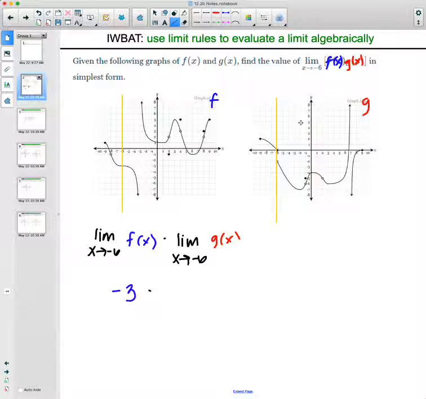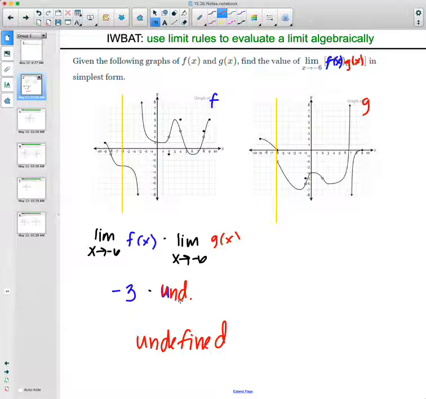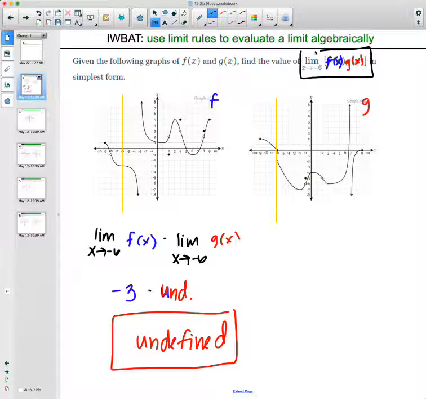And remember, the limit needs to be the same on both sides, and this one is not. So the left-hand limit is 0, the right-hand limit is -2. So this one is undefined, which means that this whole thing is undefined. You can't have one part that's undefined and then an overall answer. -3 times undefined is undefined. So the answer to this whole limit right here is undefined.